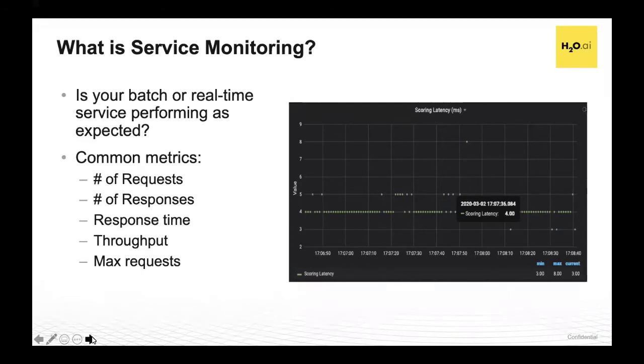It doesn't matter if it's working properly in other ways. If you can't respond to that request because you didn't allocate enough memory, or you didn't set up your service properly, that's not really going to matter. So service monitoring is really important. It's really the first layer that we need to look at and make sure that our services, our ML services, are up and running and responding to requests.